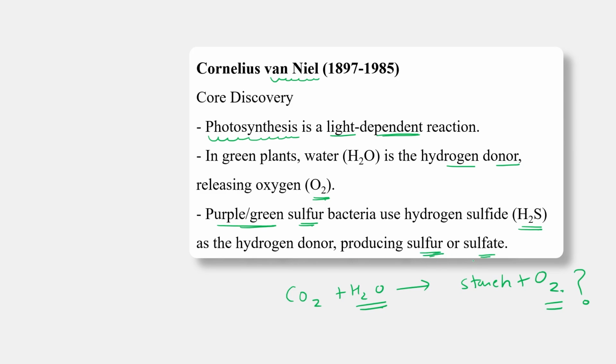So it proves that the reaction type is the same, but instead of H2O, hydrogen sulfide is there, and then starch and then sulfur. So this is how he proved that sulfur or oxygen comes from water or H2S.